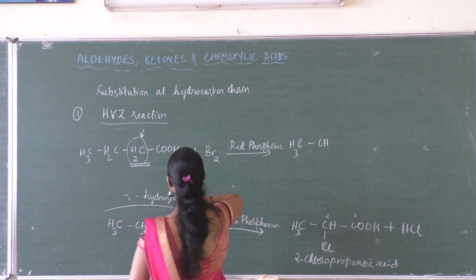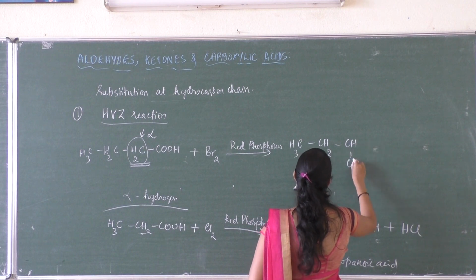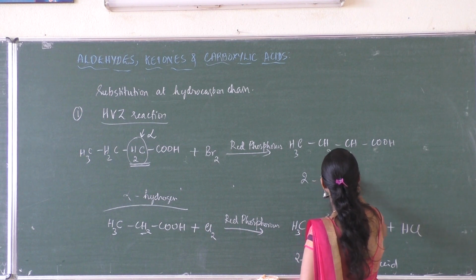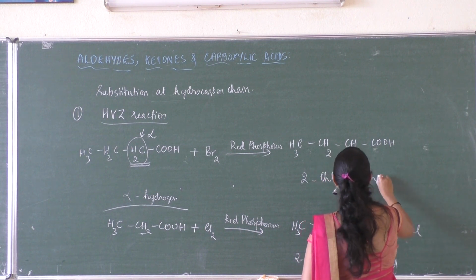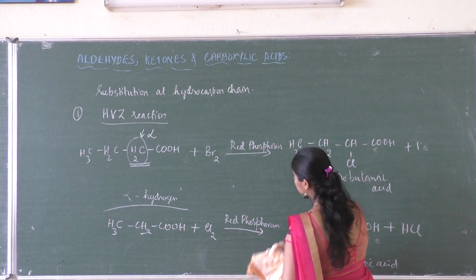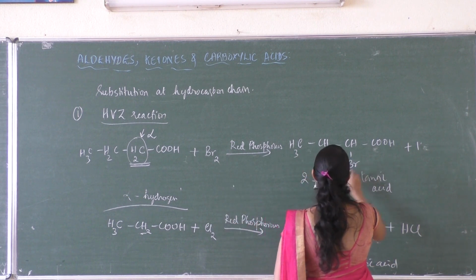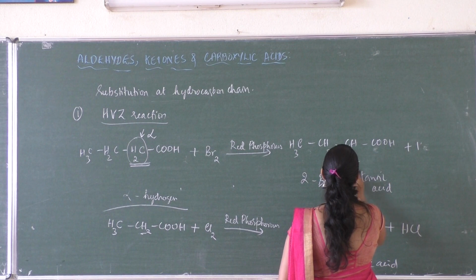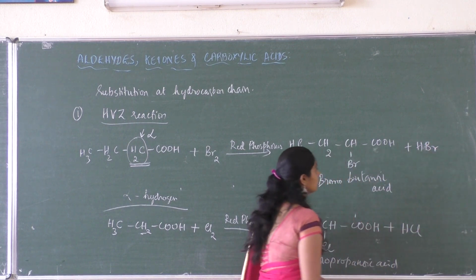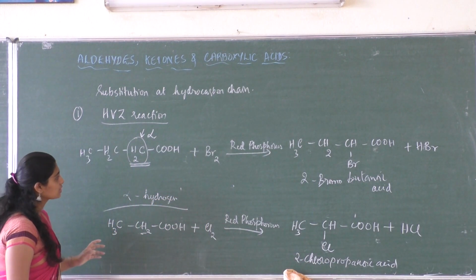So the replacement takes place at the alpha position. So it forms CH3CH2CHClCOOH. So this is 2-chlorobutanoic acid, sorry, this becomes 2-bromobutanoic acid since bromine is used, plus hydrogen bromide, and here hydrogen chloride.